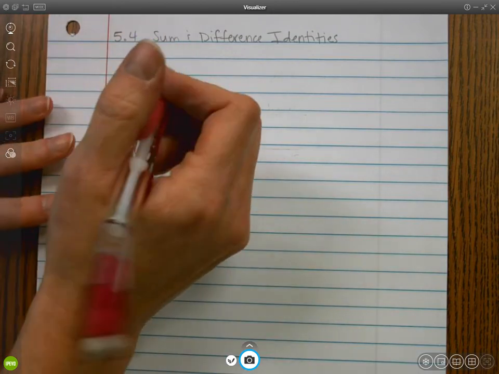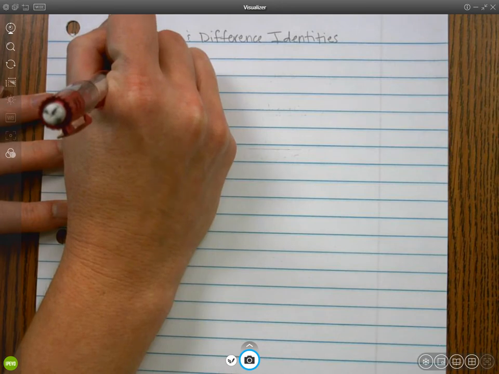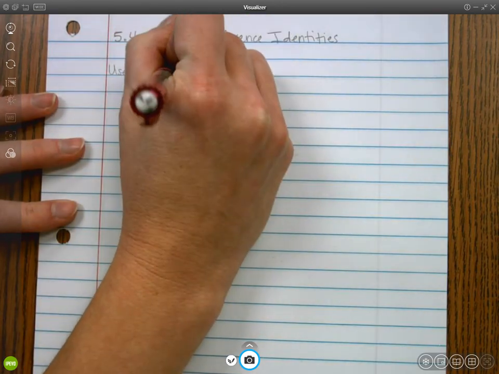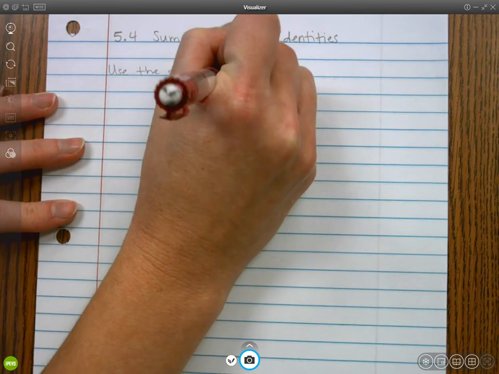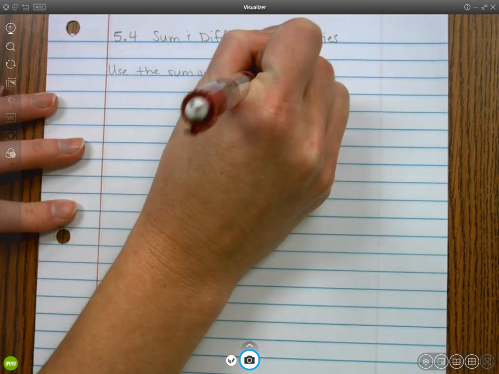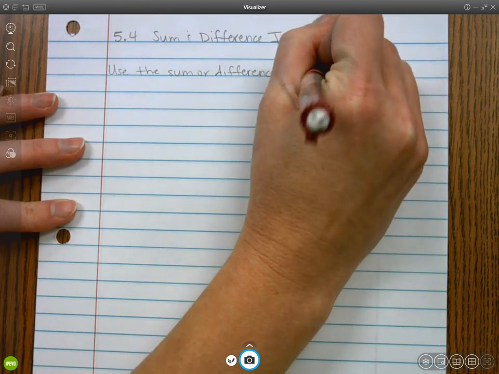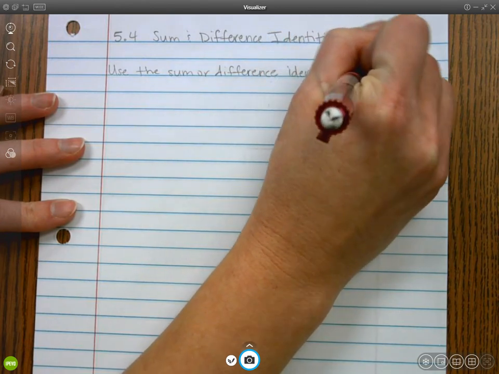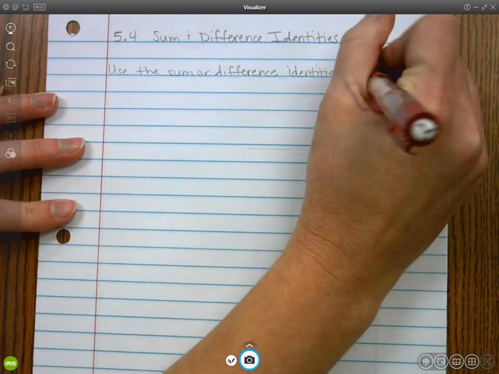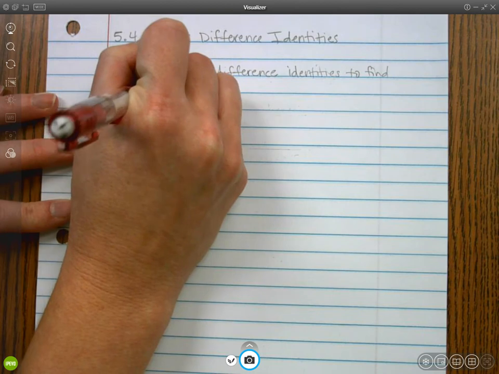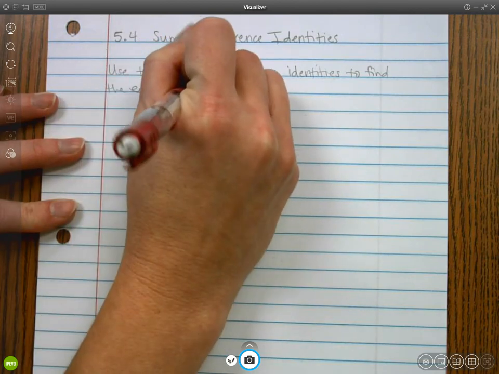All right, so our directions say use the sum or difference identities to find the exact value.